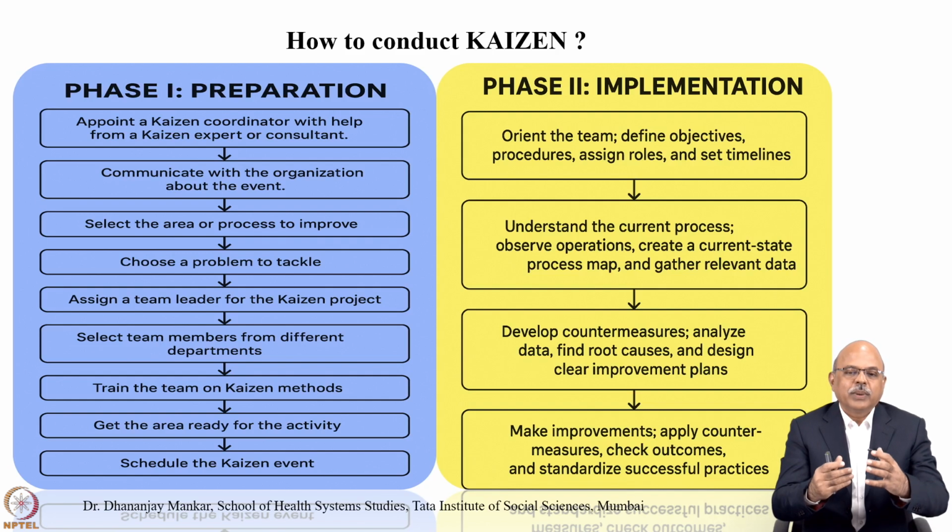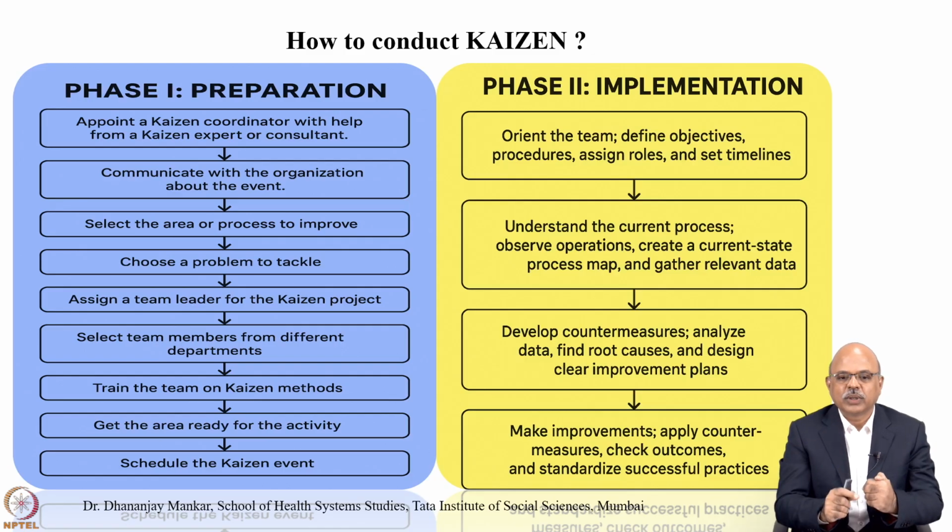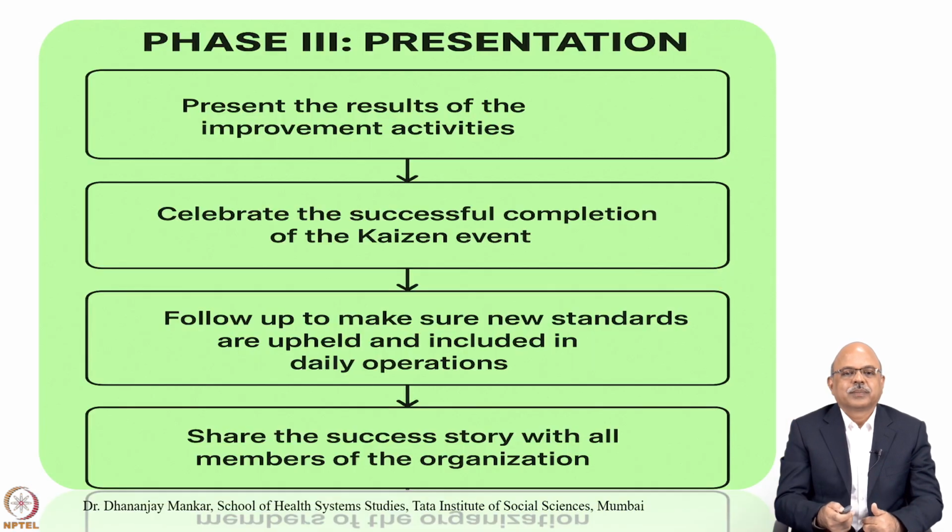Next is developing the countermeasures: analyze the data, find the root causes, and design clear improvement plans. Finally, in implementation, make improvements, apply countermeasures, check outcomes, and standardize successful practices. And so the second phase comes to an end.